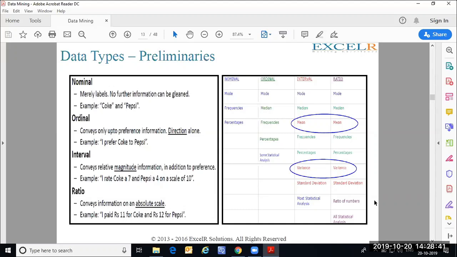Hence, it's very hard to compare just the labeled information, just the names. And that's where, if you have something which has just got the label, the respective measurement scale is treated as nominal scale.